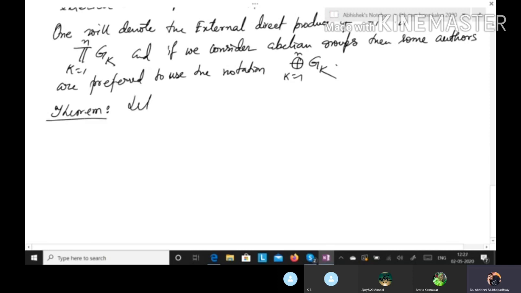Now we consider subgroups of a group, H1, H2, Hk.